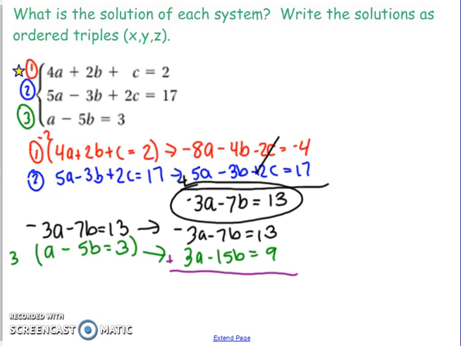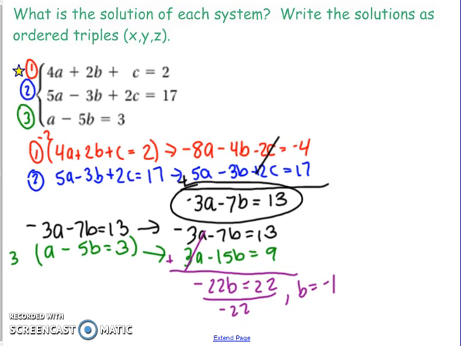So negative 3a and positive 3a is going to cancel. Now I have a negative 7b and a negative 15b. So that gives me a negative 22b. And then I have 13 plus 9. So that gives me 22. If I divide by negative 22, I get that b equals negative 1.